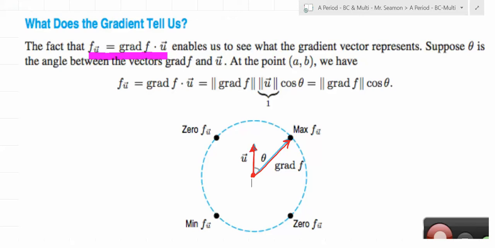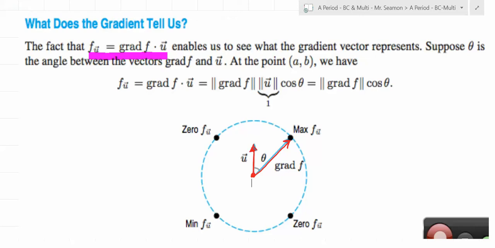You see the circle around here? Let's say we fix our gradient vector this way. So here's our gradient vector. And let's say we move the u, or you can do it vice versa. It's fine. But let's say we fix the gradient vector here. If the angle is 90 degrees, what does that tell us?